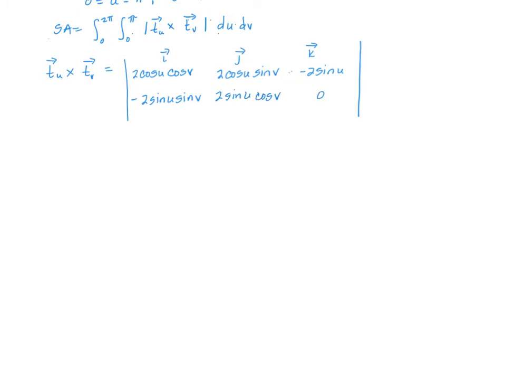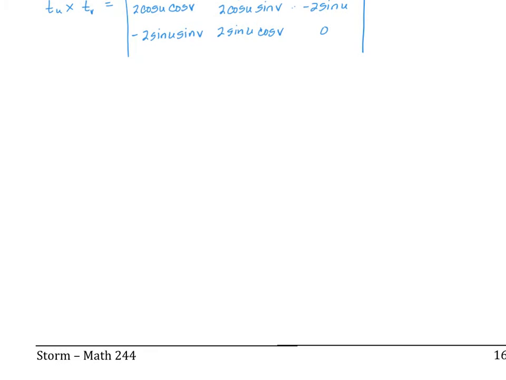And then 0. That would be equal to the i component is 4 sine squared u cosine v, minus, this becomes a negative 4 sine squared u sine v.